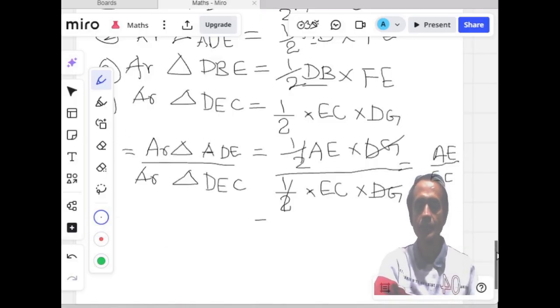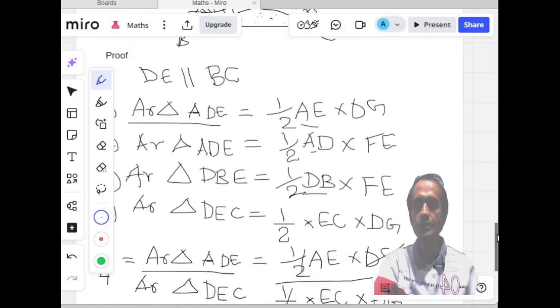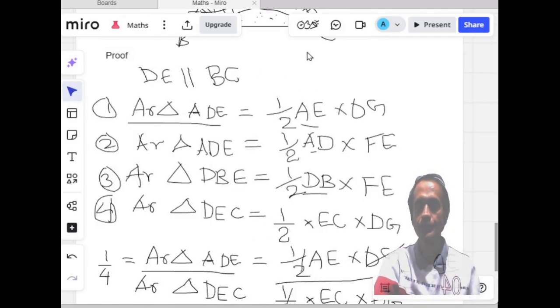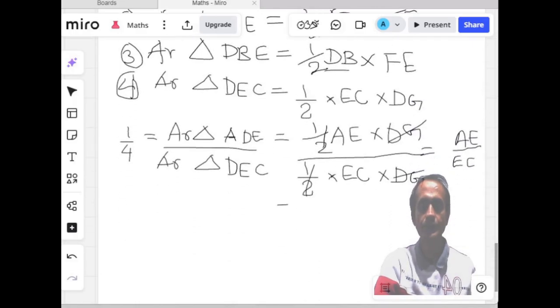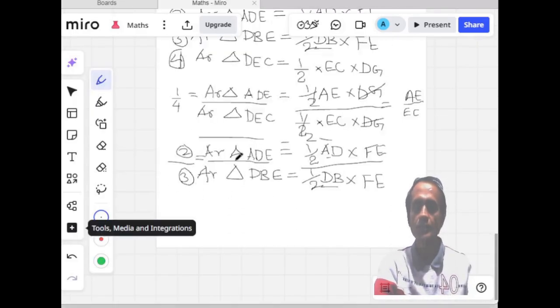Similarly, if we divide equation 2 by equation 3, we get area of ADE divided by area of DBE is equal to half AD into FE divided by half DB into FE.